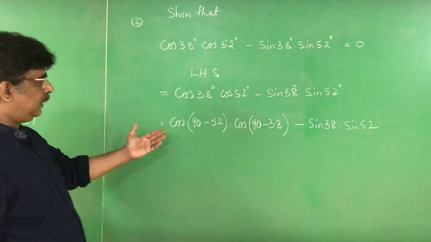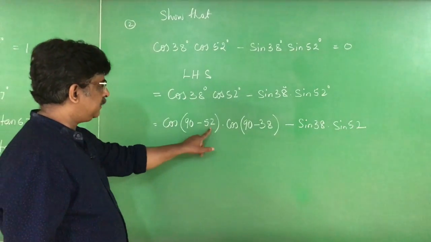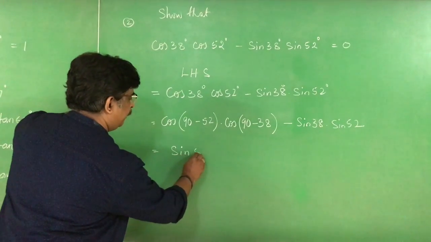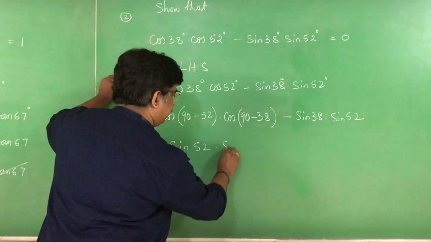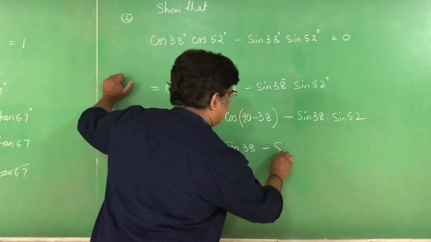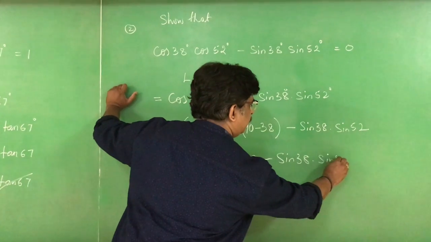Now you know the formula. Cos of 90 minus theta, theta is 52. Cos of 90 minus theta is sin theta. Sin 52 into cos of 90 minus theta is sin theta, sin 38 minus sin 38 into sin 52.